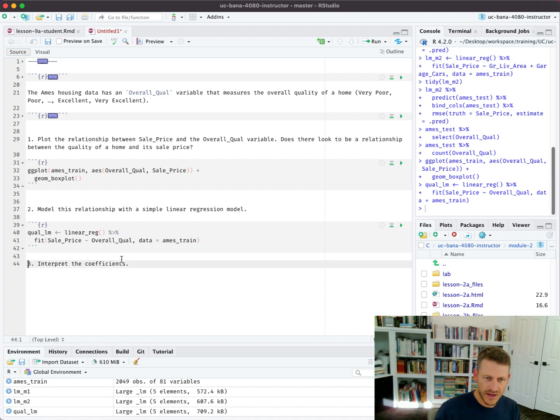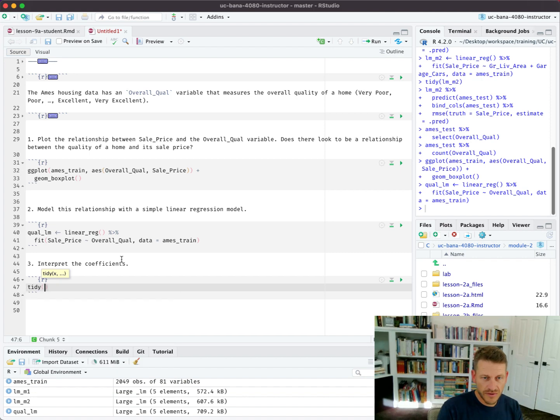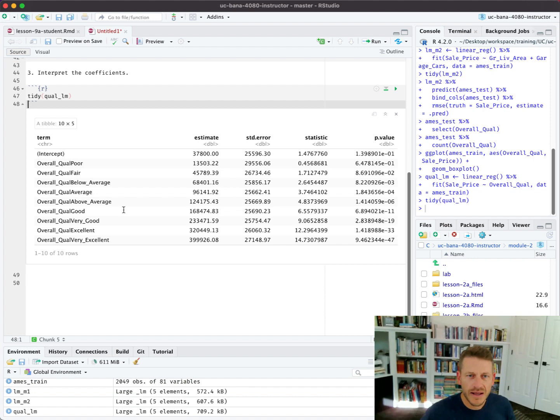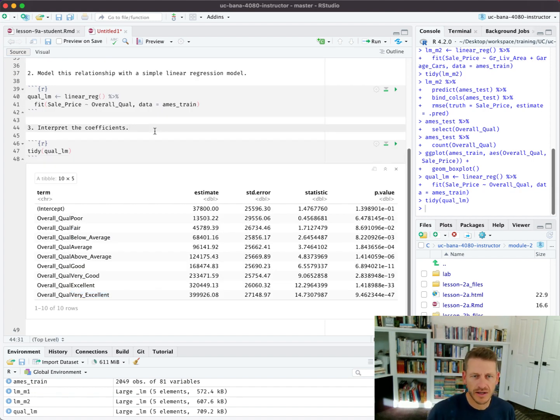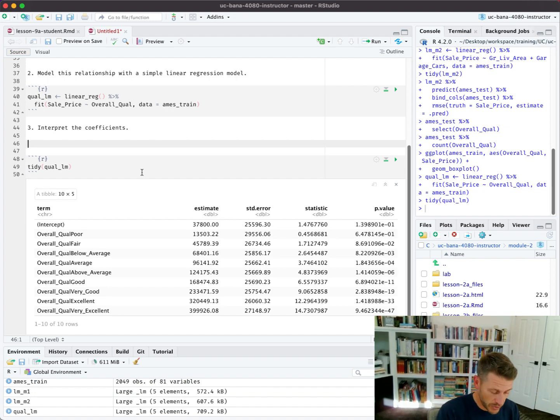Now I can get the coefficients, qual LM. Here we see that we have our coefficients for the predictor terms of poor quality all the way up to very excellent. Now it's important to realize here that you should always understand what the reference level is for a given qualitative variable.